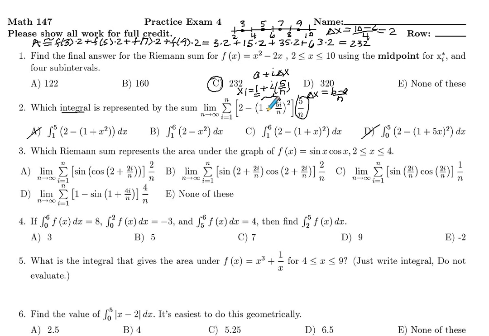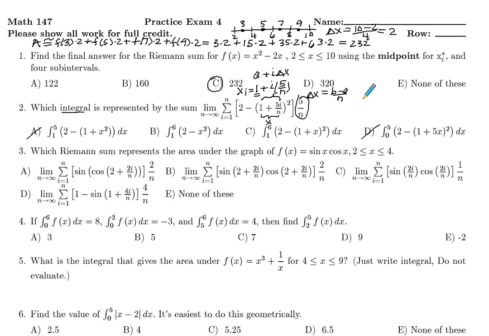All right, so what happens to our x sub i that we put in, this quantity 1 plus 5i over n, or 1 plus i times 5 over n, our right endpoint? Well, in the limit, this x sub i gets replaced by an x, so this whole thing becomes our x. So in the limit, this is our x, so this is going to be 2 minus x squared.